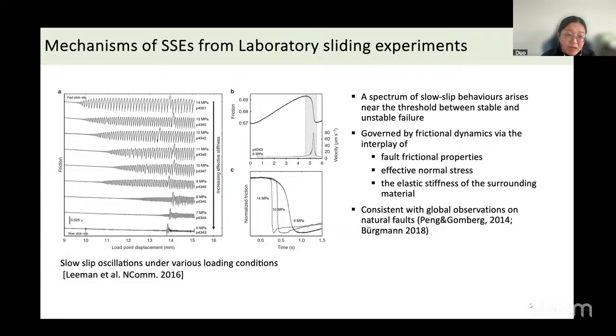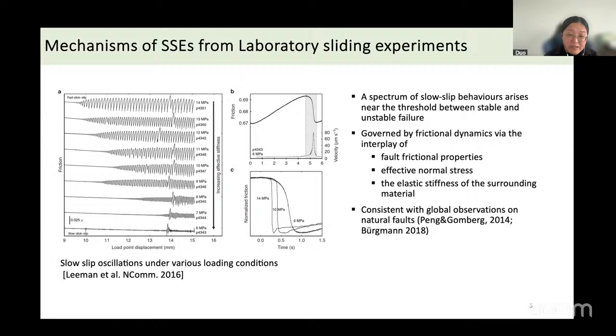After some time of loading, we can see quite a periodic oscillation on the fault. If we change the maximum effective normal stress or the loading speed, the magnitude of this oscillation will change a bit, but this periodic behavior is consistent.